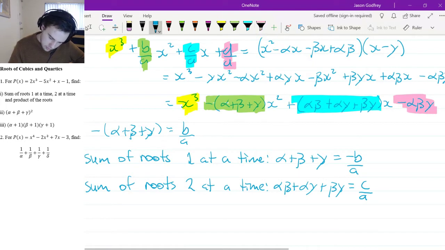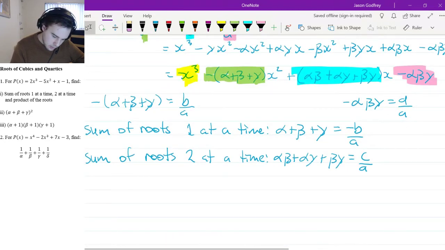So if we look at this as well, it's negative alpha beta gamma equals d on a, so we just want to pull the negative over to the other side. This is still just called the product of the roots.